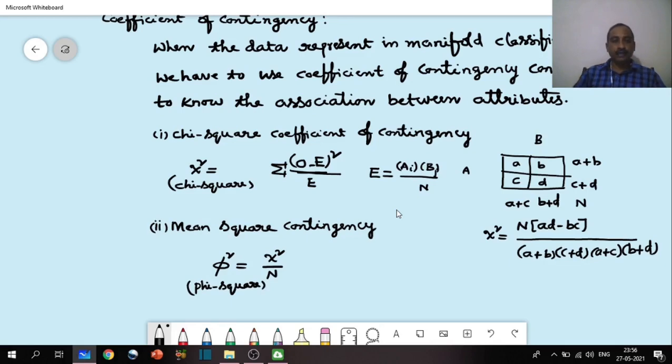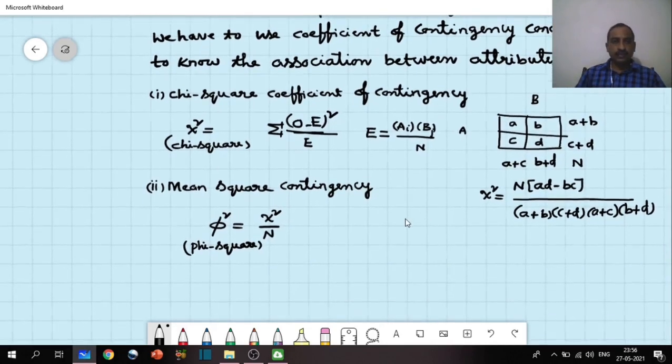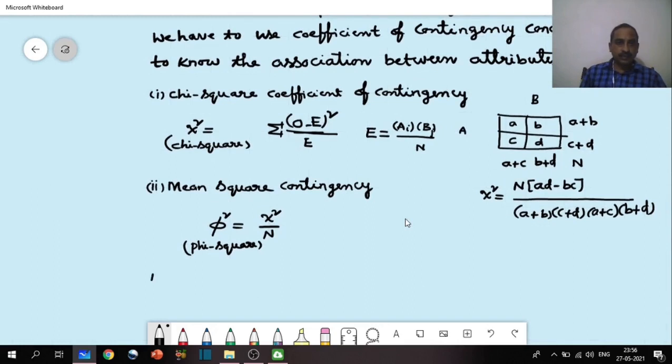The third one is Karl Pearson's coefficient of contingency.